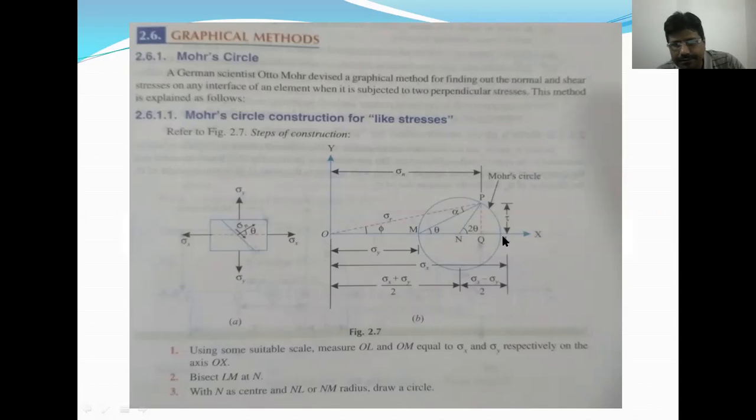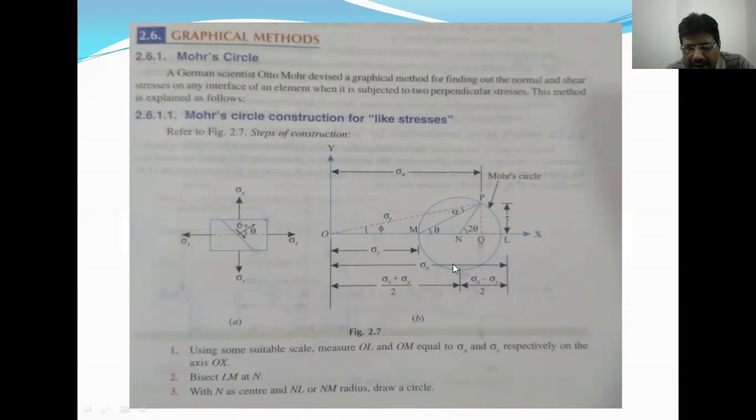Now, these are the two extremes of the circle that we have to draw, two extreme points on the x-axis. This is sigma x and this is sigma y.